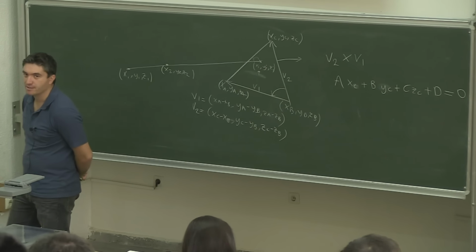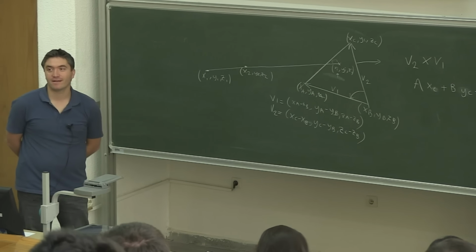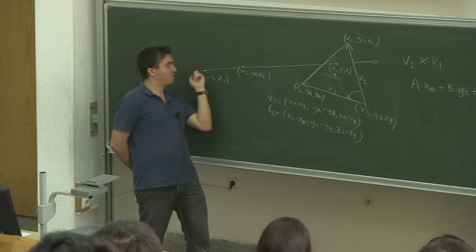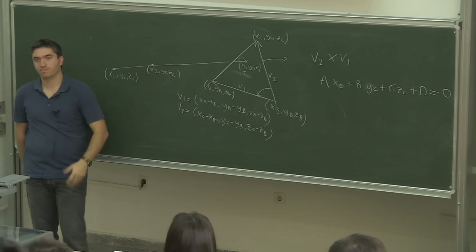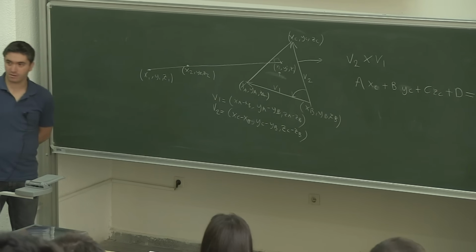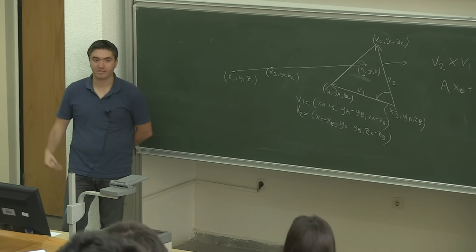Now the next step is: at which point do this plane and this line, the extension of this line segment towards this point, intersect? The suggestion of using the parametric line equation is a very good suggestion.